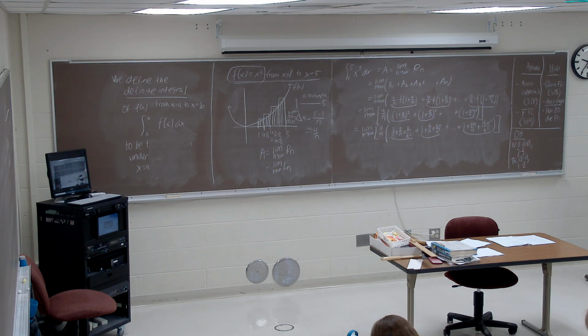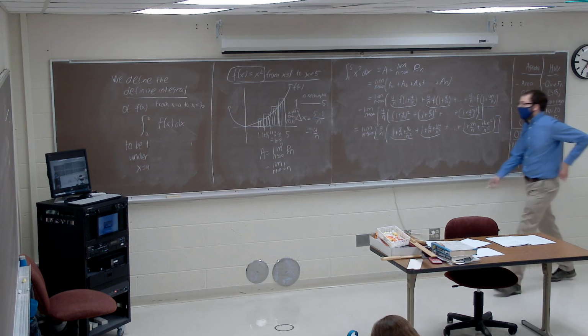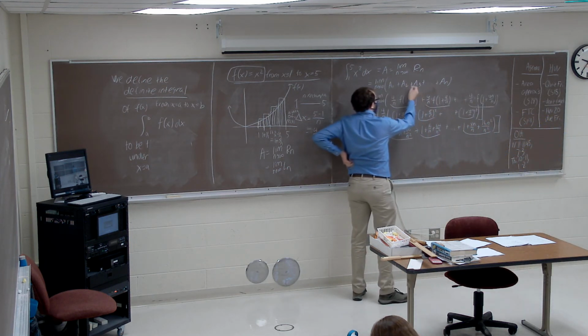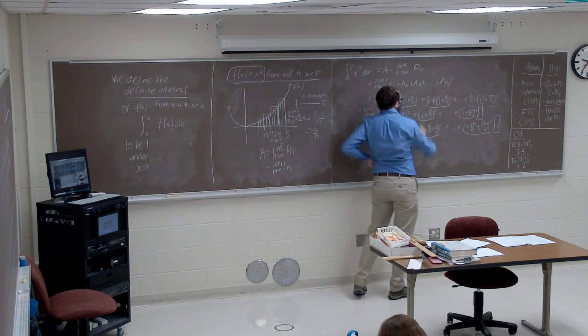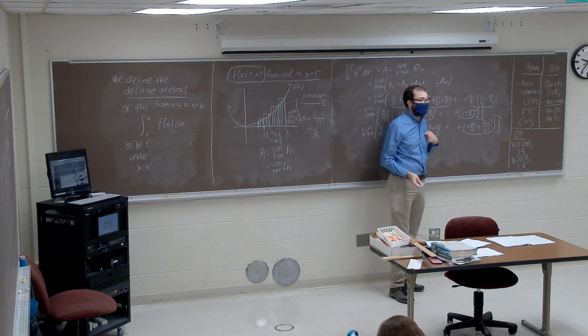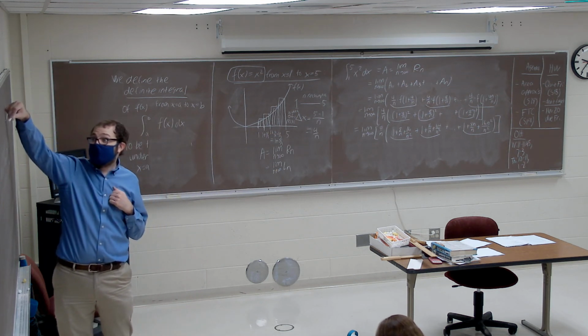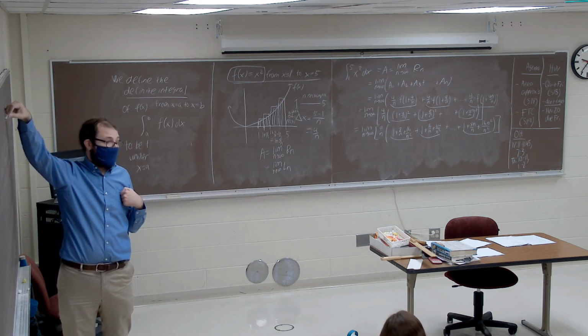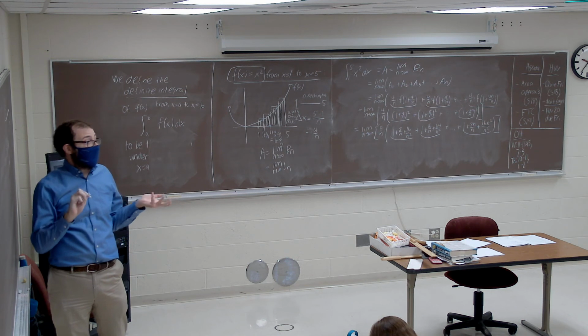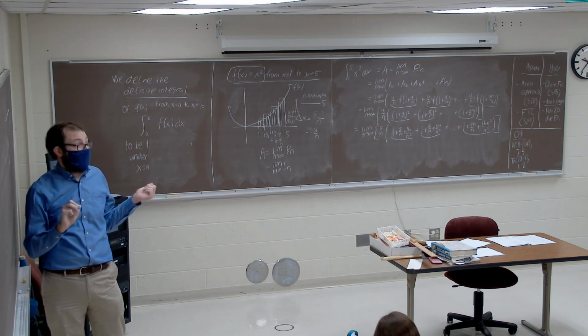Explain the 8n one more time? How do we know that our second rectangle has a height of f of 1 plus 8 over n? Yeah. So basically, our first rectangle starts at 1, and each of our rectangles is going to have a width of 4 over n.